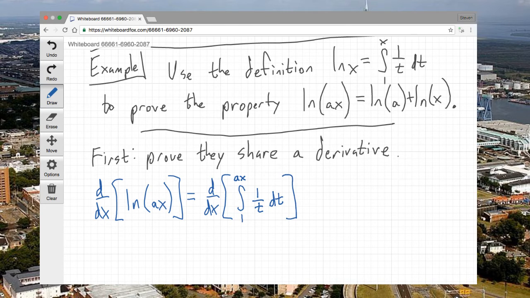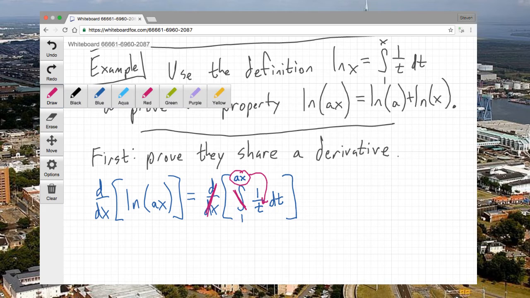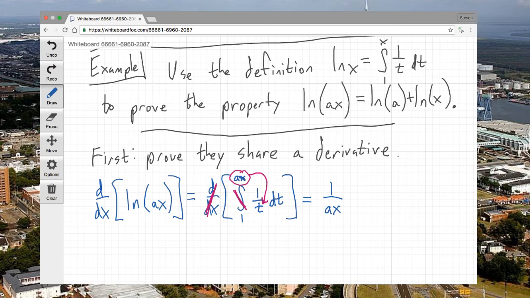Okay, now again, we have this thing with the fundamental theorem of calculus that derivatives and integrals cancel, right? And then the ax would get plugged in for the t. That's almost correct. We would get 1 over ax. What's wrong with that, though, is that the fundamental theorem of calculus only works if it's just a plain old x. The fact that we have the a here as well means that we need to use the chain rule.